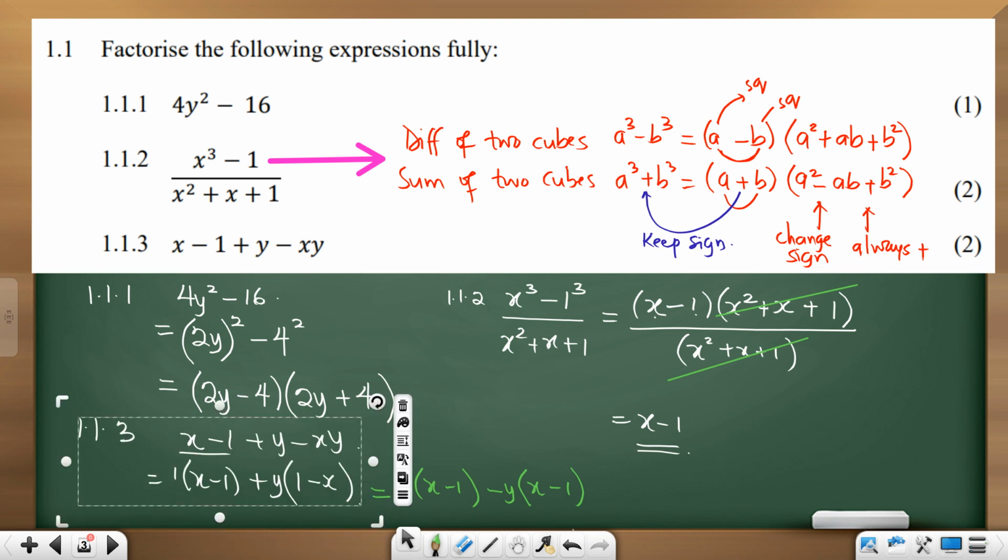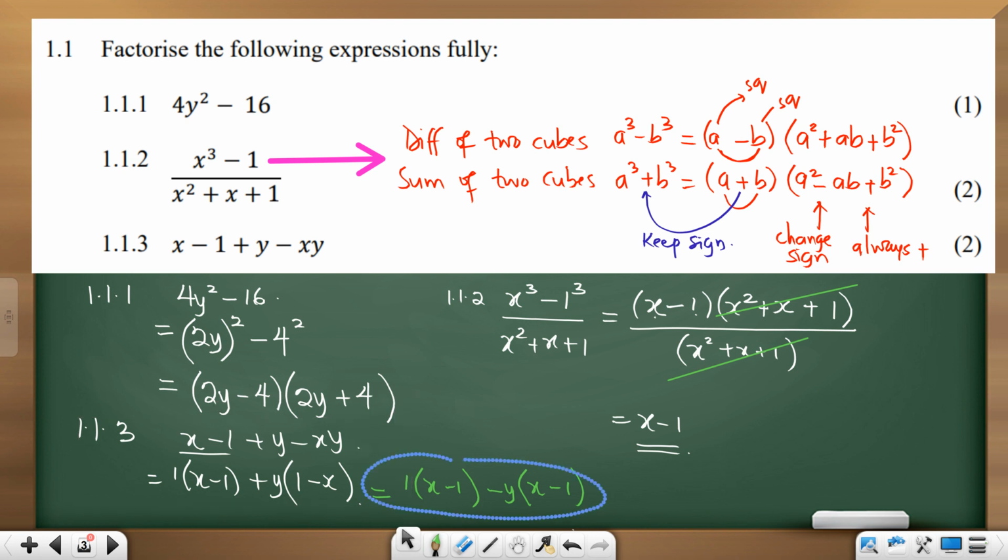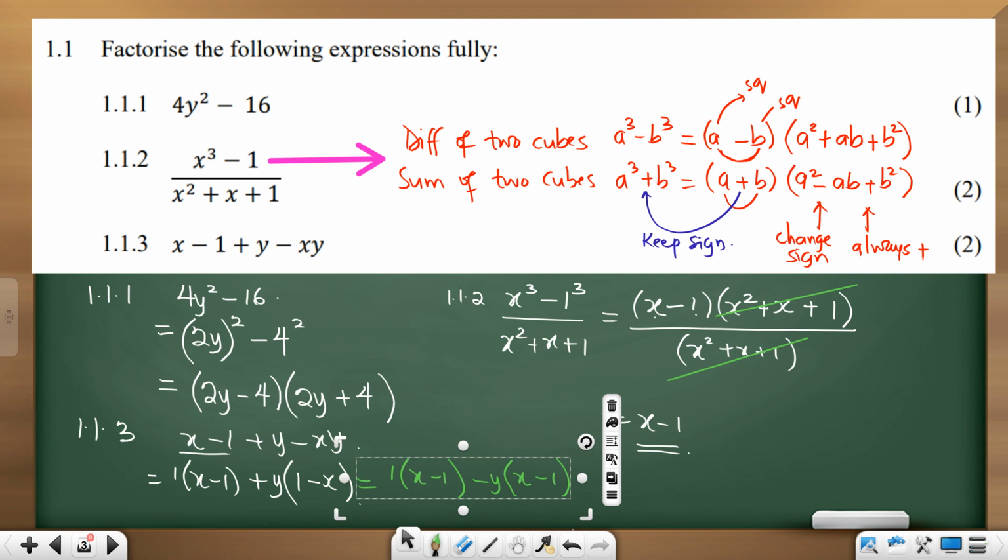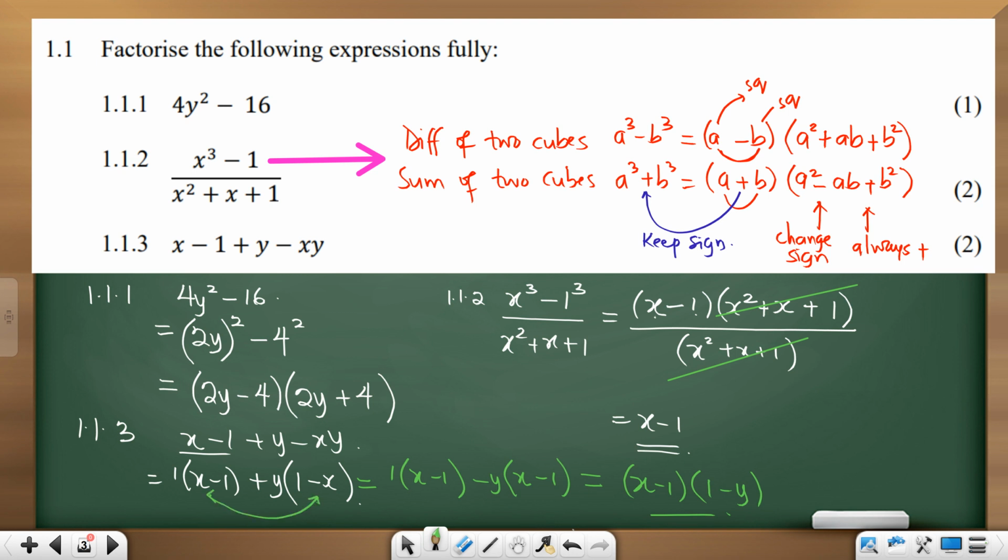It's just that it was reversed. That's when we bring in our sign change. Once I bring in a negative, that whole thing changes. Now, what's common? I see x minus 1 is common. Lovely. And what do I have? 1 minus y. And that's it there. So please don't forget, I wanted to put that there as what? Sign change.